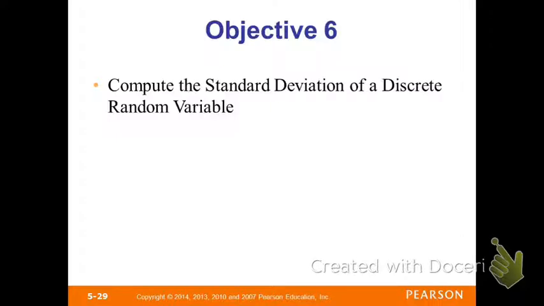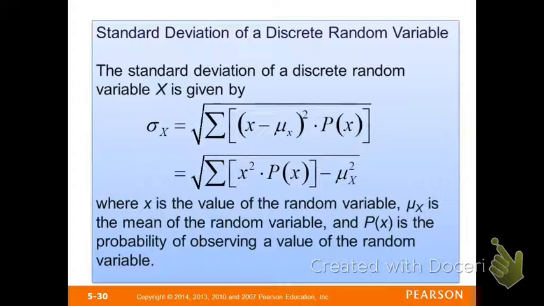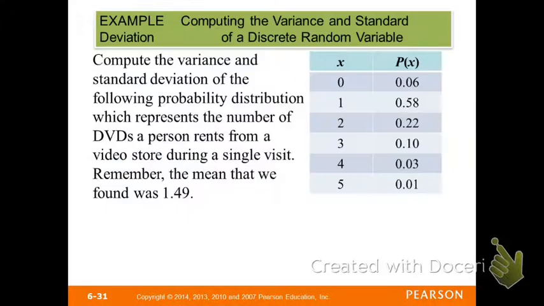And just like last time, the formula for the standard deviation is pretty complicated. The standard deviation of a population is equal to the square root of the sum of the squared deviations from the mean, times their probabilities. If we were going to calculate this by hand, there are a lot of separate calculations to do.